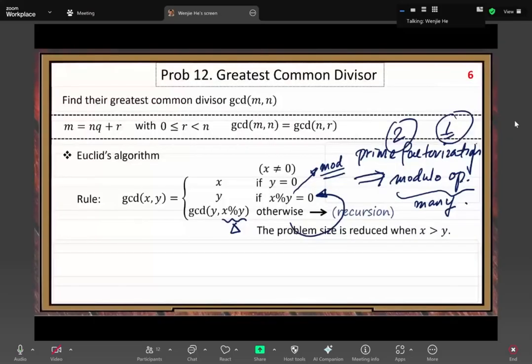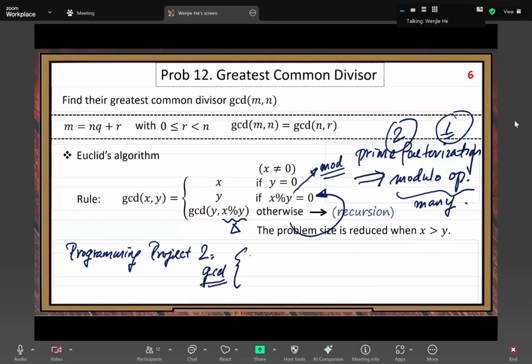Before I go to the next topic, because this topic is related to our programming project number 2, you can see two methods.